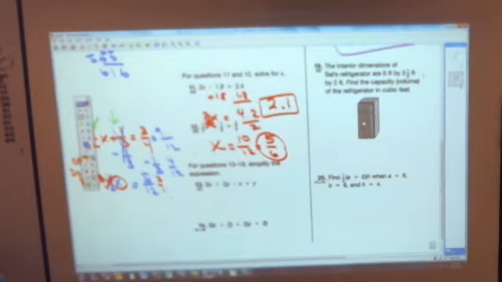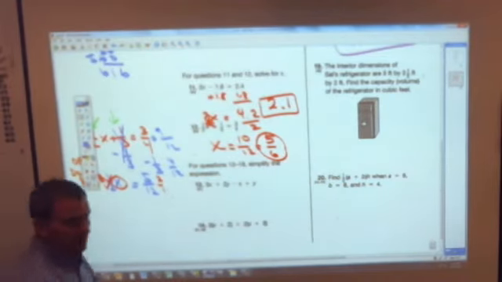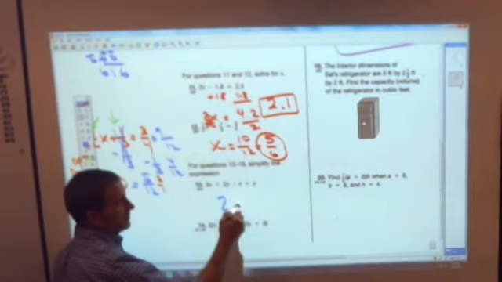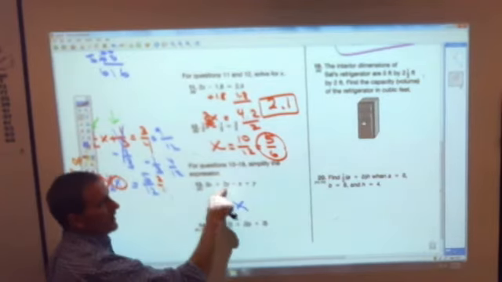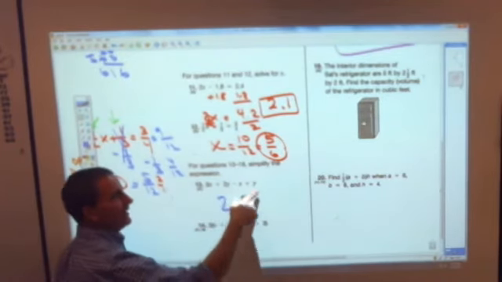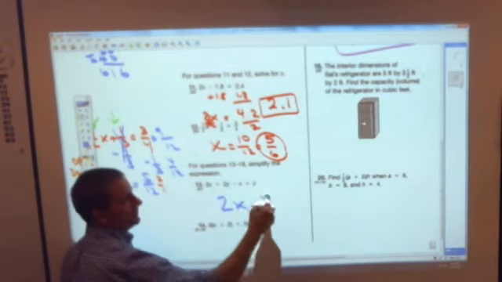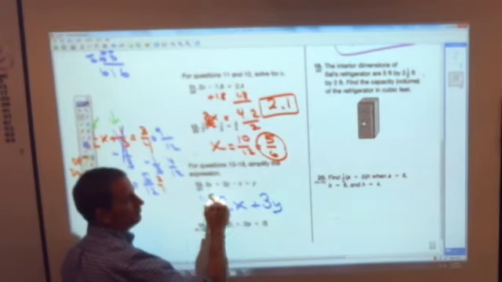So Charlie, tell me what are the two x terms there? 3x and minus x, right? So if I have 3 x's and I take 1 x away, what am I left with, Charlie? 2 x's. And then I've got 2 y terms. I have 2 y's, I add another y to it, it's 3y.